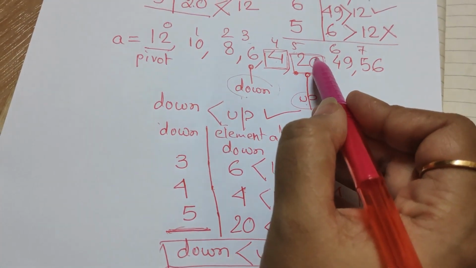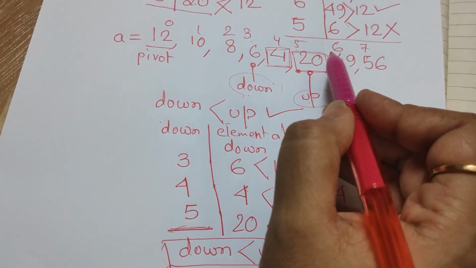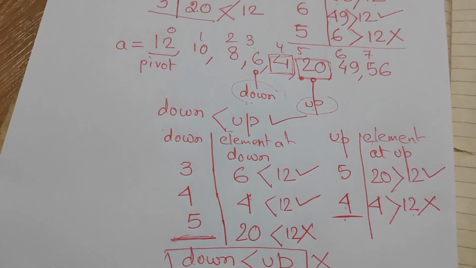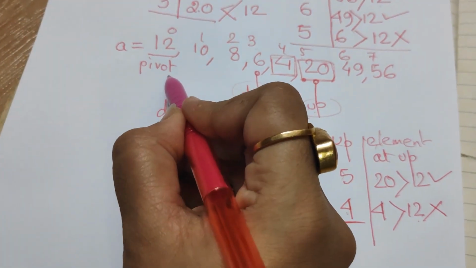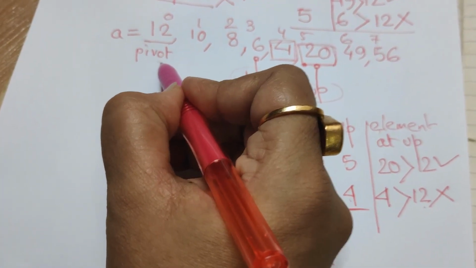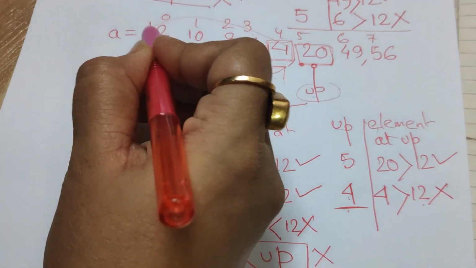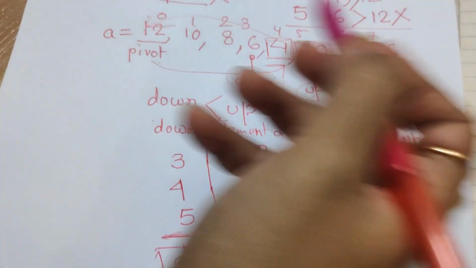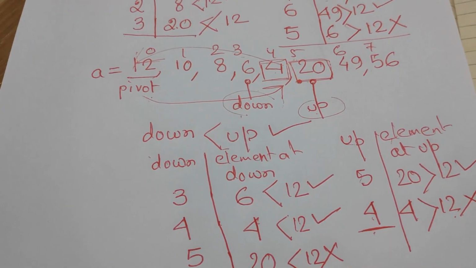Down has gone beyond up. So at this moment, we will stop traversing and we will swap the pivot with the value at up. Again, I will tell you, we will swap the pivot with the value at up.